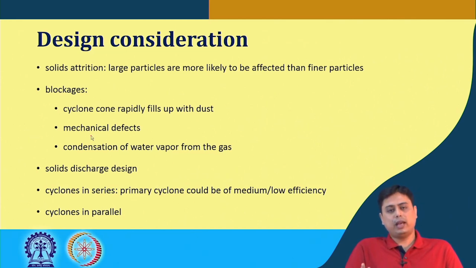If you remember the pressure drop versus flow rate curve along with the efficiency curve, there was an appropriate operation zone. Theoretically it should increase the efficiency, but practically the efficiency sharply falls.